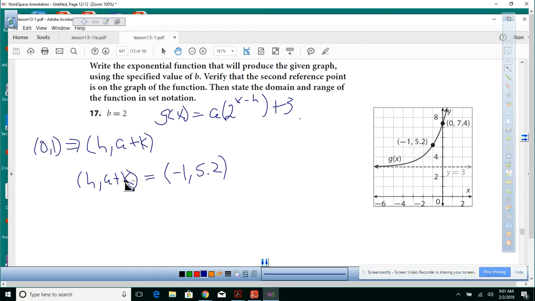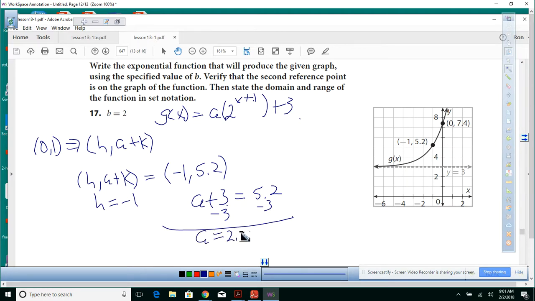So h is -1. H equals -1. So we'll make this x plus 1. Okay. Now a plus k equals 5.2. All right. And we know that k is 3. So if we subtract 3 from both sides, a appears to be 2.2.